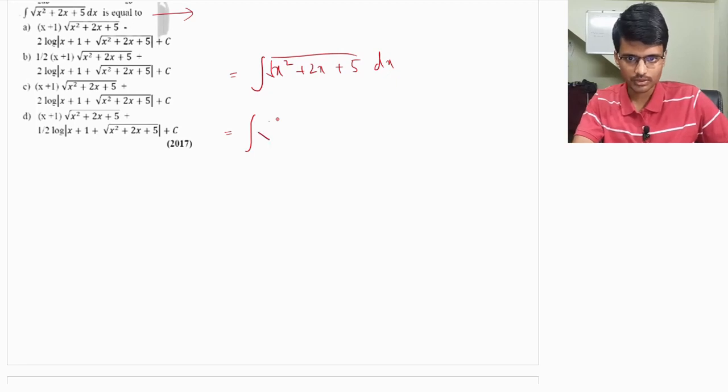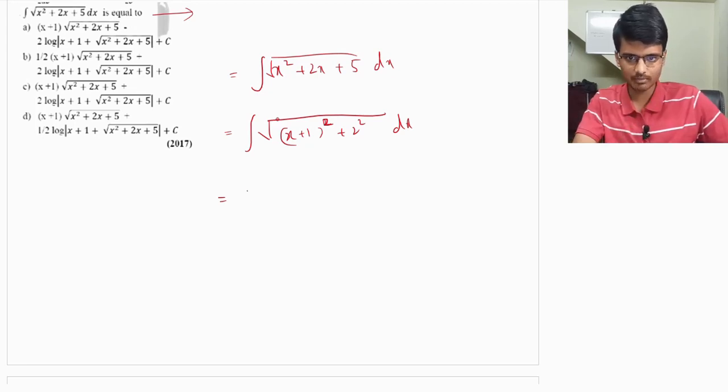On reducing, what do I get? I can write this as (x plus 1) whole square plus 2 square. You can use the standard method you used in board level; I have written this directly, and with practice you can achieve this. So this is nothing but (x plus 1) whole square plus 2 square, and we know how to integrate this.